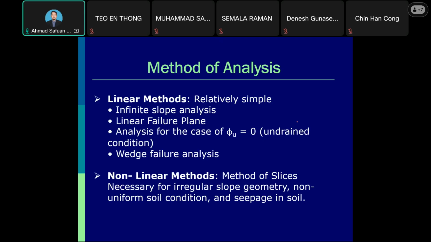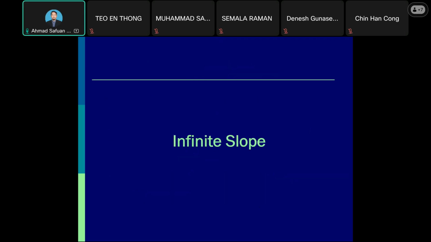While for the non-linear methods, we use the method of slices, necessary for irregular slope geometry and non-uniform soil conditions, and by using this method we can also include the seepage inside the soil. So that is the method of analysis that we will learn.